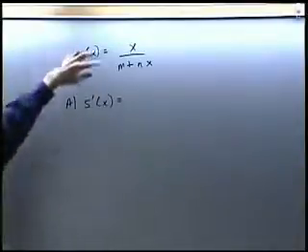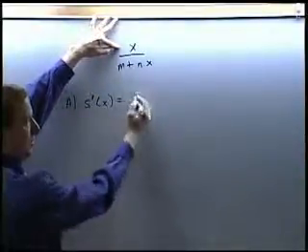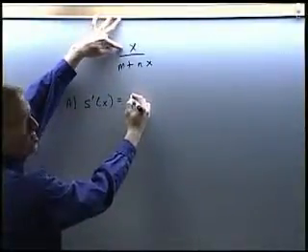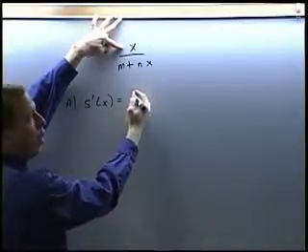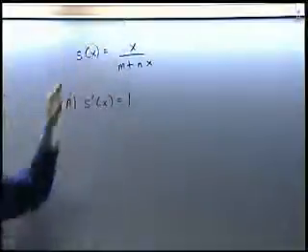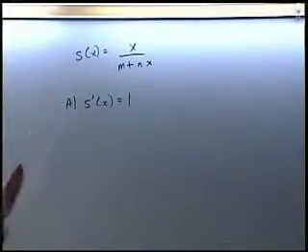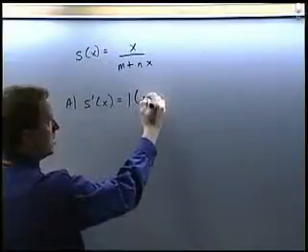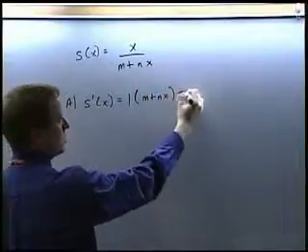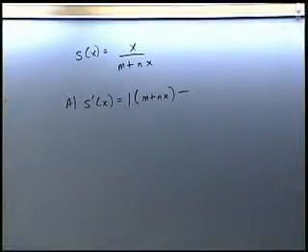So what is the derivative of the top? What's the derivative of x? 1. The slope of y equals x is 1. Times the bottom, so we just rewrite the bottom, minus what's the derivative of the bottom?